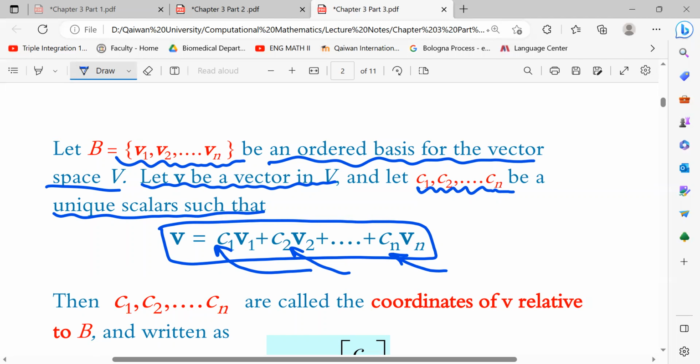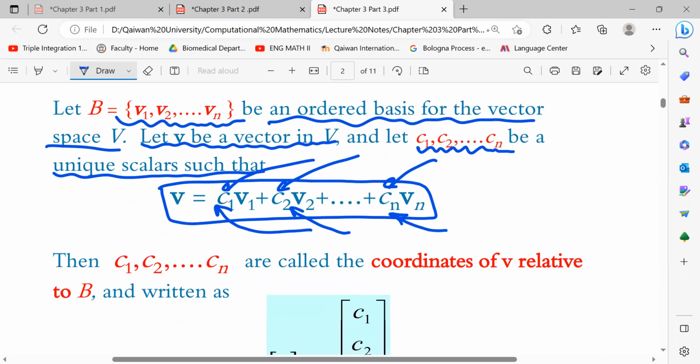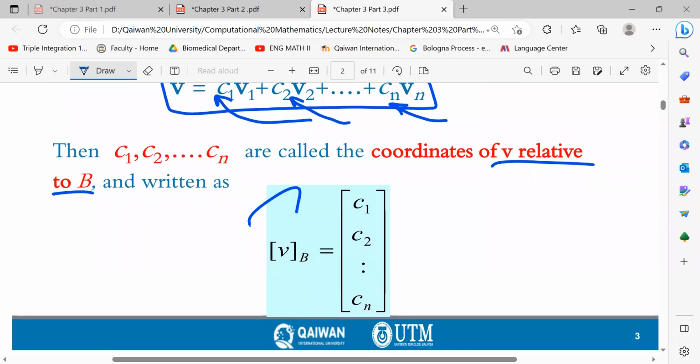Okay, the values of C. As you show that any vector in V is a linear combination of the vectors in the basis, in that process, we find the values of C. So those values of C are called the coordinates of v relative to B, and it's written in this form.